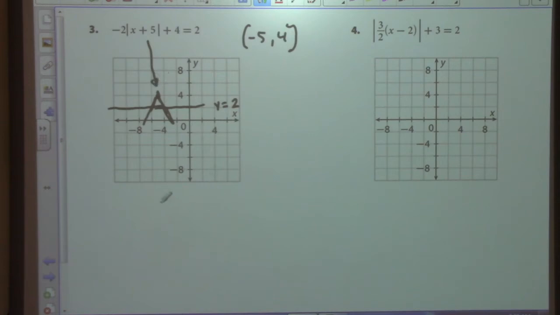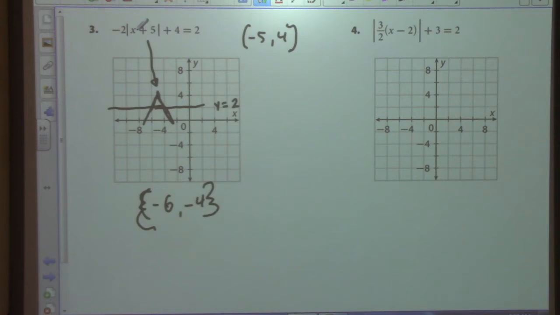So what are our solutions here? X equals -6 and -4, maybe. Is that the case? Let's see.